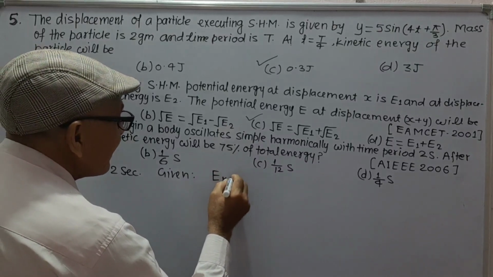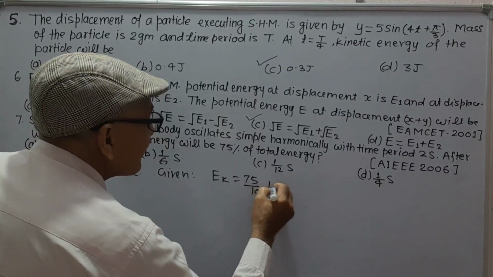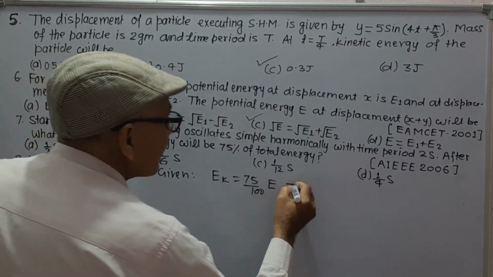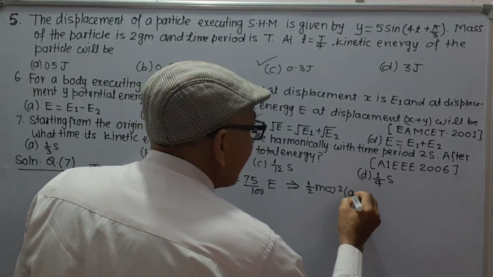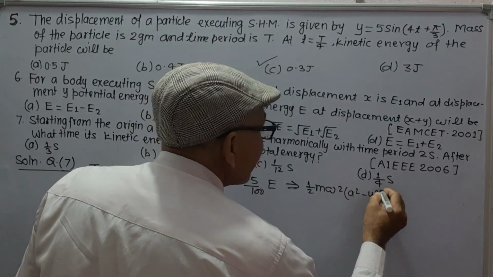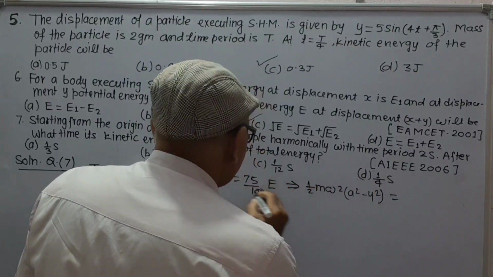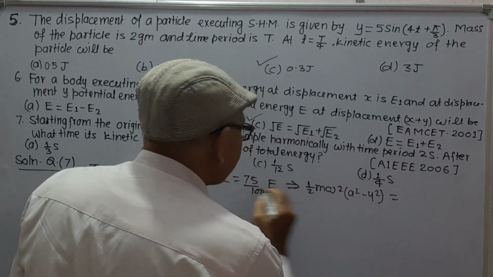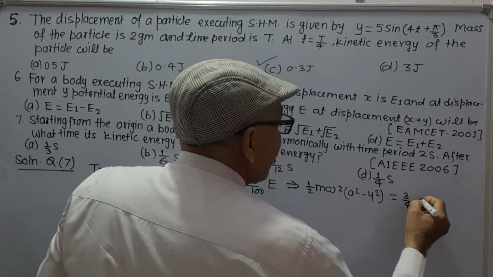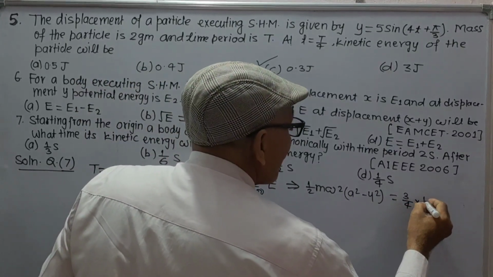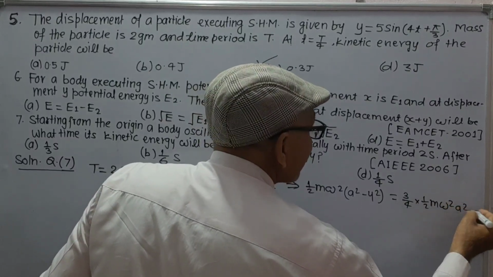kinetic energy is 75% of total energy, which means that 1 by 2 m omega square (a square minus y square) will be equal to 75% means 3 by 4 E, E means 1 by 2 m omega square a square.